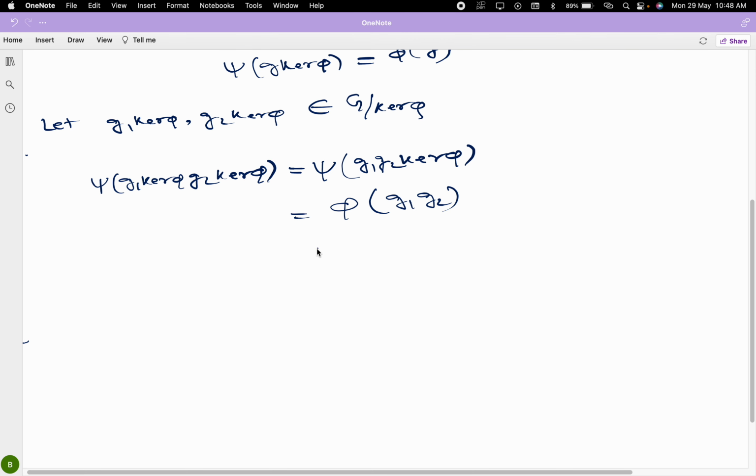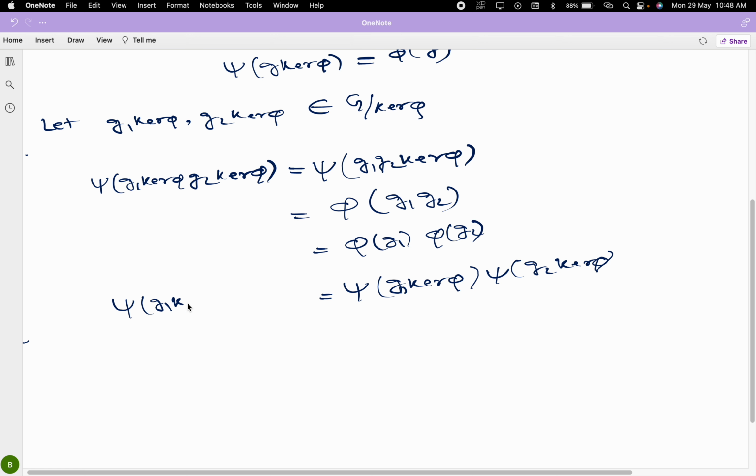Since phi is a homomorphism, this is phi of g1 times phi of g2, and phi of g1 is psi of g1 kernel phi, and phi of g2 is psi of g2 kernel phi. We are done, so this is a homomorphism.